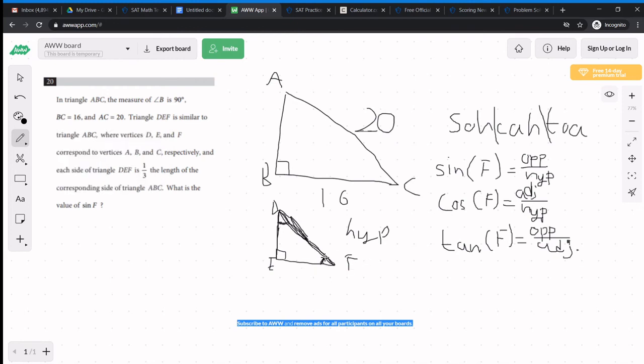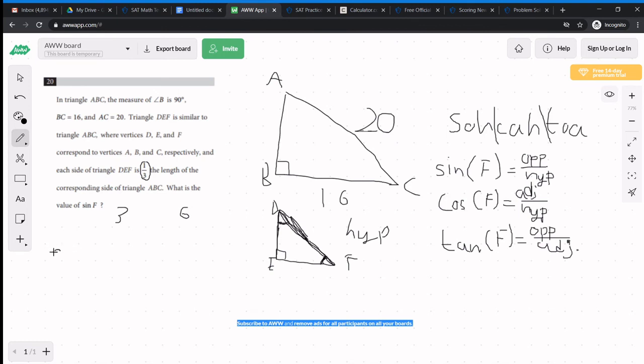Take this f, right? And we're looking for the opposite side over the hypotenuse. In order to figure that out, though, we have to realize, wait, if all the side lengths are divided by 3, wouldn't the ratio still be the same? Like, let's say you had 3 and 6 as the sides.